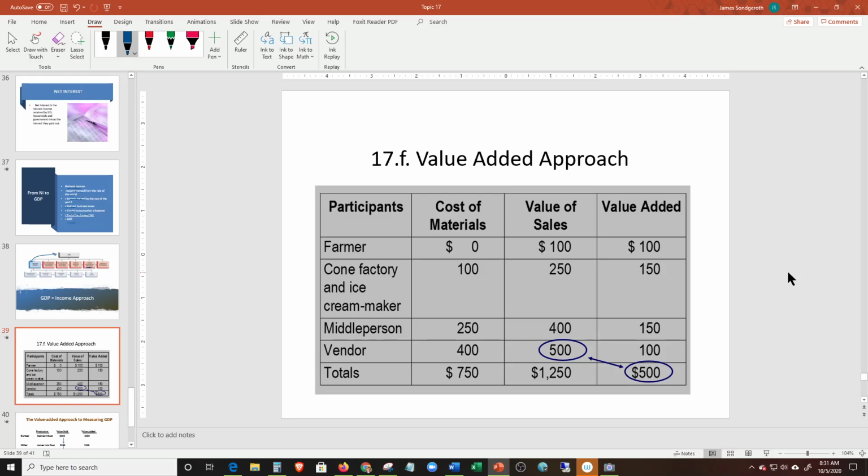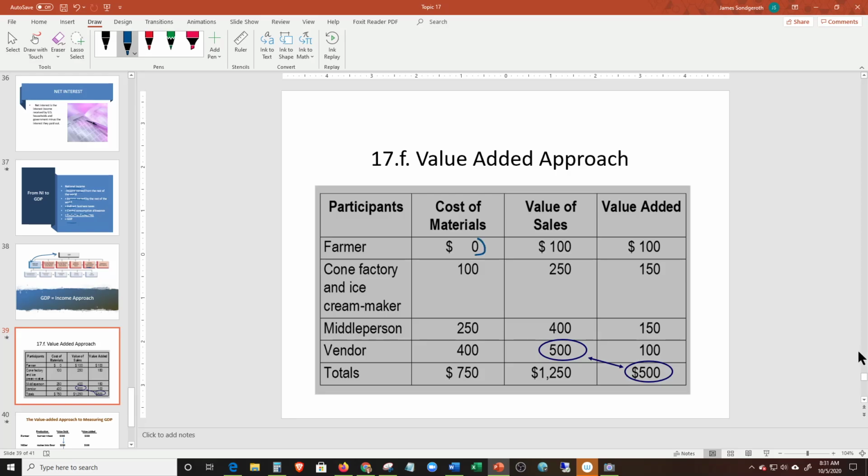so the expenditure approach, the income approach, and the value added approach. So here we have a simple example, I think I got this from the textbook, ice cream cones, it looks like, is what's being made here. So the farmer grows the wheat, which the cones are made of, and he raises the cows and milks them, from which the ice cream is made.